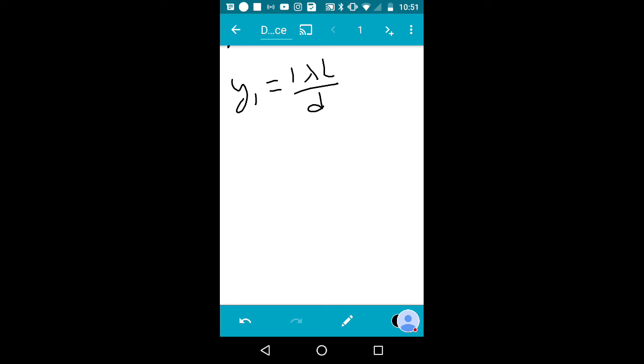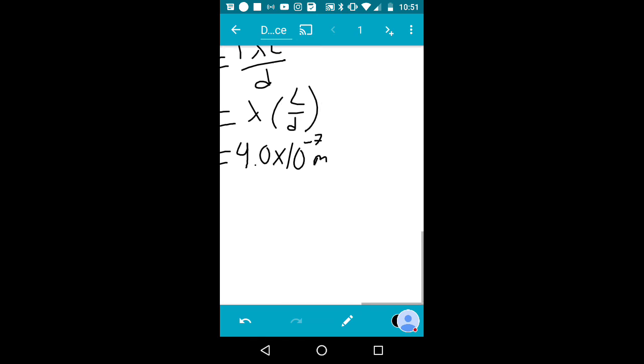We know what L over d is and we know what lambda is, so this is the same thing as lambda times L over d. Our new lambda value we said was 400 nanometers, so this would be 4.0 times 10 to the minus 7, not 0.7. And then we're going to multiply by 3,000.